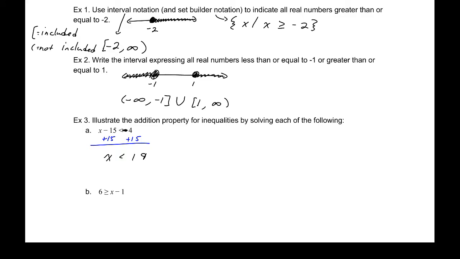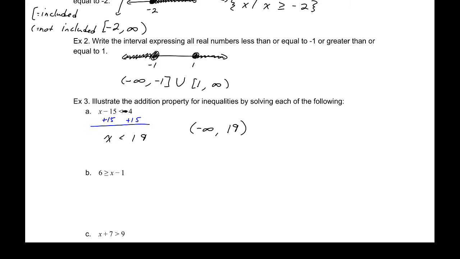The way that I want to indicate my answer is I could write x is less than 19, or I can write negative infinity to 19, which means my upper limit is 19, and my lower limit is -infinity. Not including -infinity, and not including 19 as well, because I don't have less than or equal to. So this indicates everything strictly less than 19, so 19 is not included.